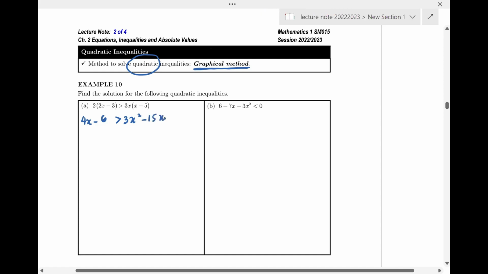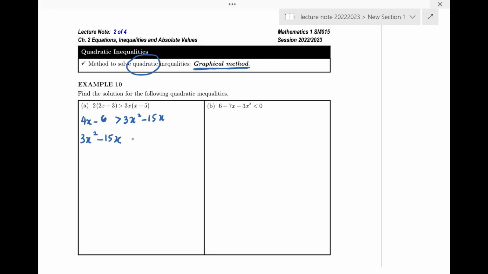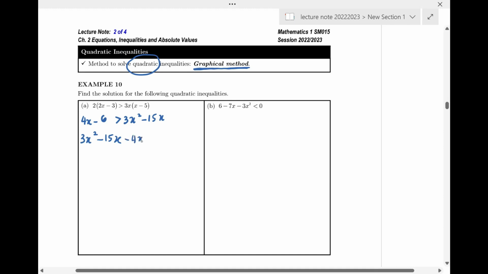So we rearrange these inequalities. We will have 3x squared minus 15x minus 4x and then plus 6 less than 0.